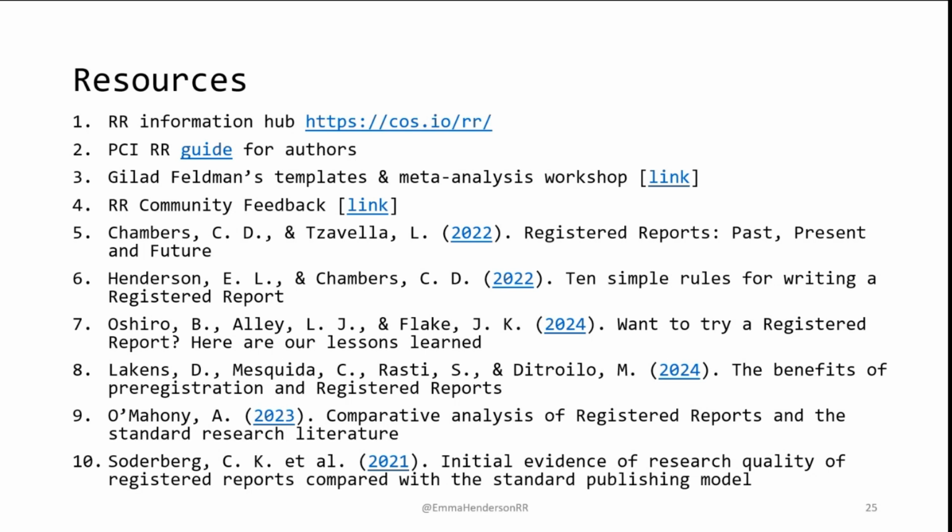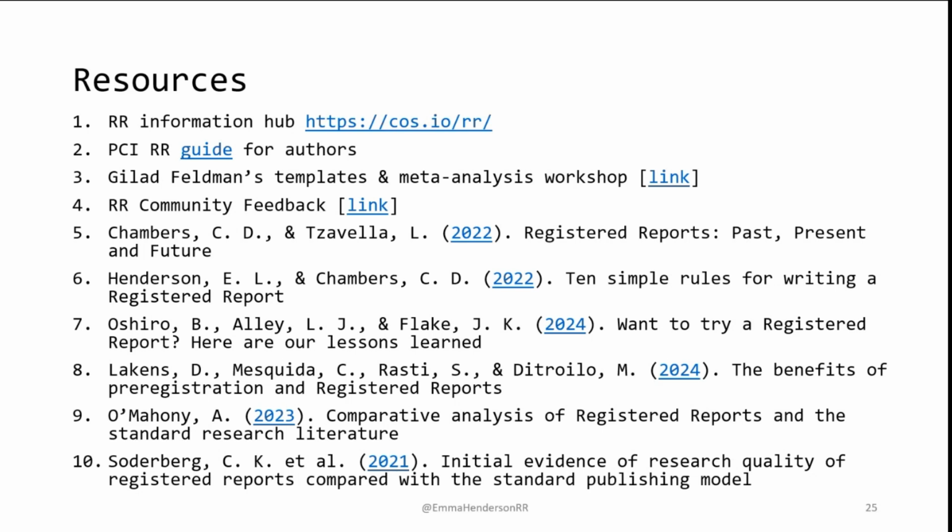So the in principle acceptance happens at stage 1. That's when they're reviewing the first part of it. So they're saying, we will publish it if you do what you say you're going to do in this. There are always going to be, or mostly going to be, deviations, and some of them are going to be small and some of them are going to be big.